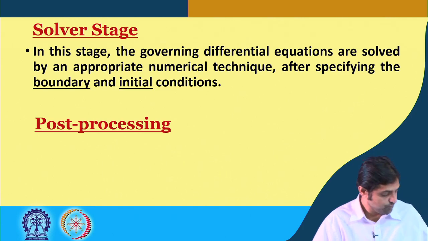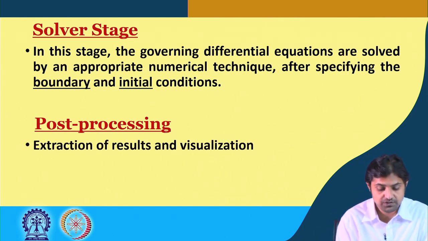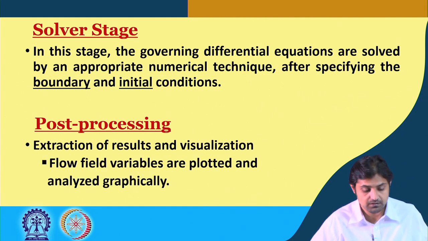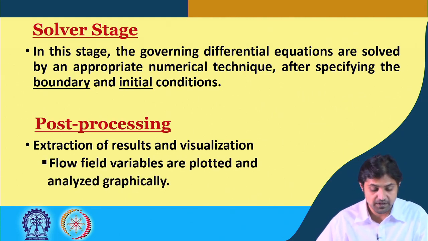And in post processing, the extraction of results and visualization, how the results appear, is done. So when it comes to extraction of results and visualization, flow field variables are plotted and analyzed graphically. This is the most common thing to do in the post processing.